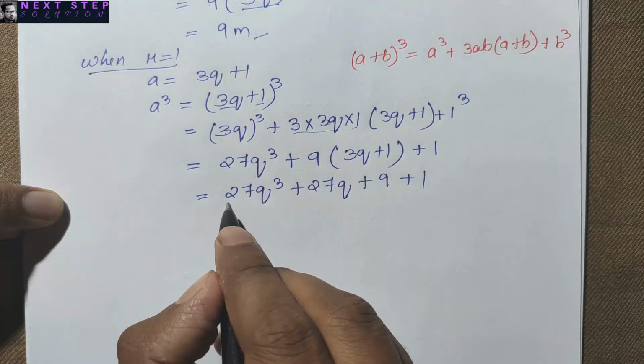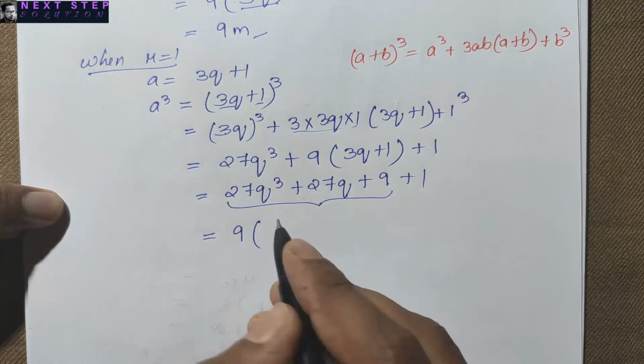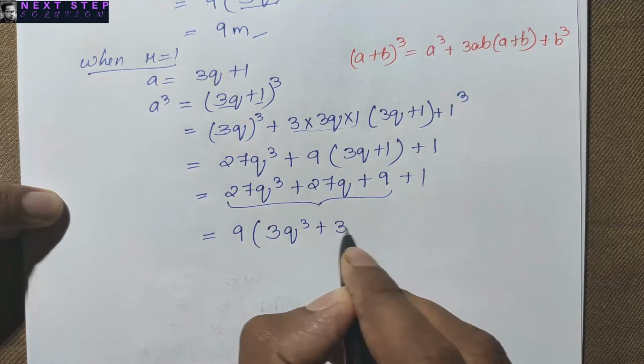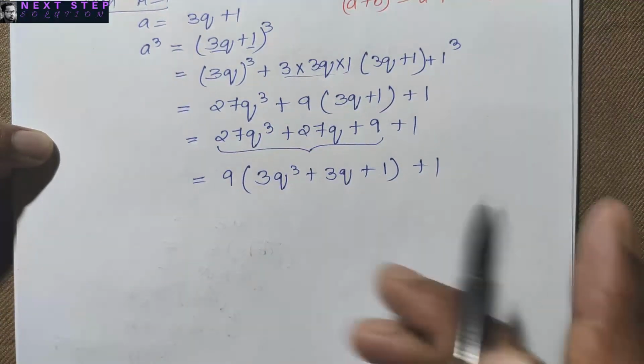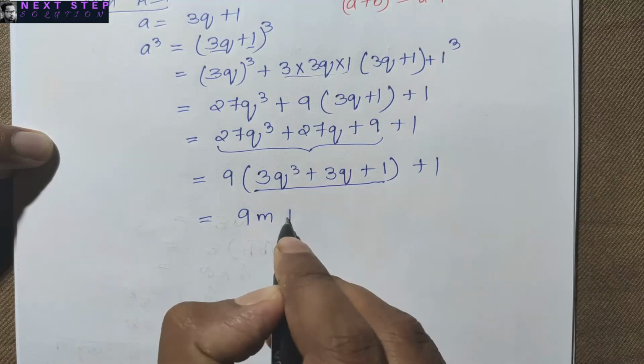Now from here till this much we can take 9 common. If we take 9 common, we have 9 3s are 27 q cube, 9 3s are 27, and 9 1s are 9, plus 1 is left outside. Now this whole thing, if you consider as m, this can be written as 9m plus 1.